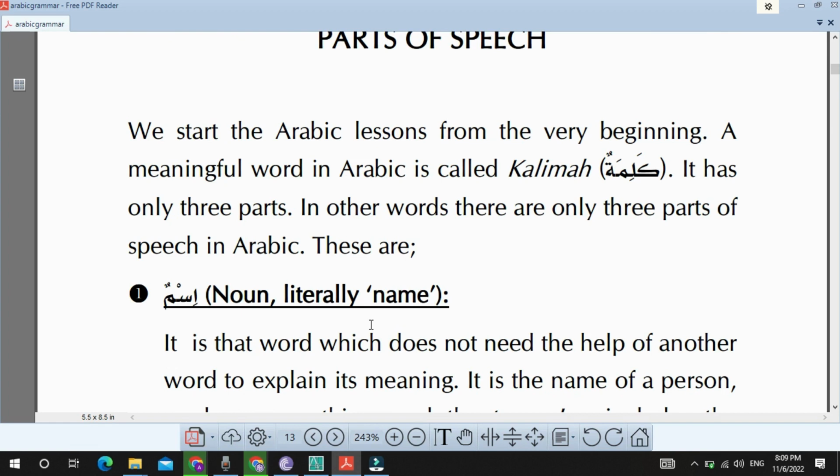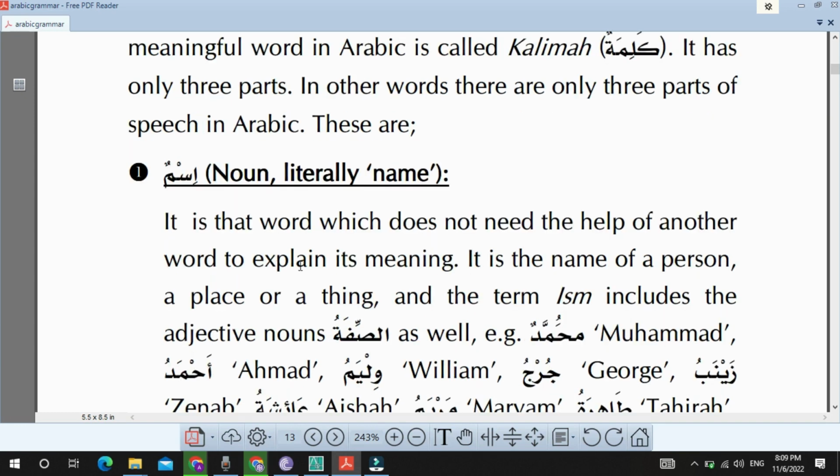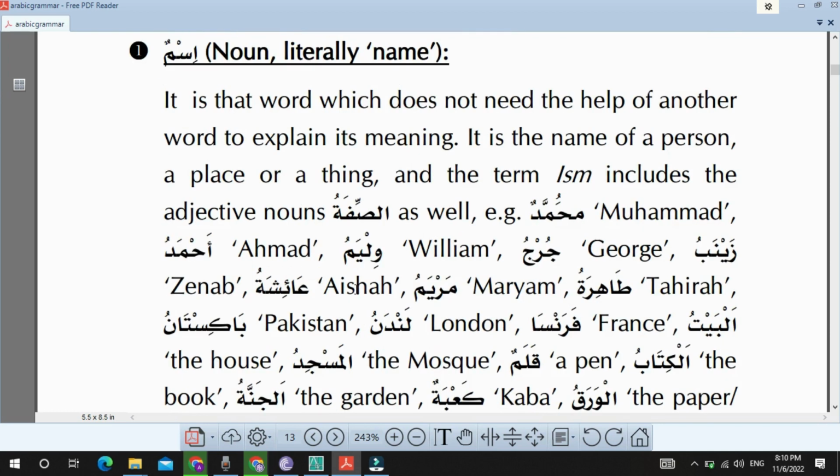It has three parts. The first part is ism. It is called noun. The literal meaning of ism is name. And the term ism includes the adjective nouns as well. So that's all for today's lecture.